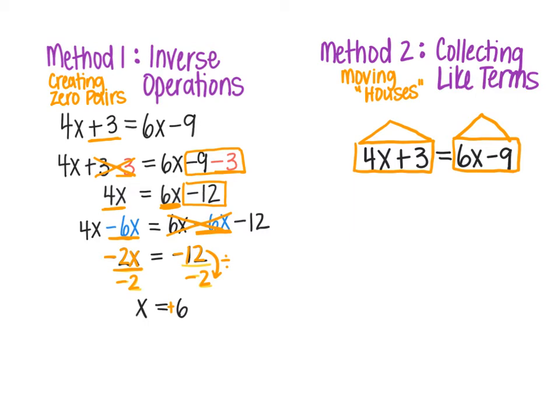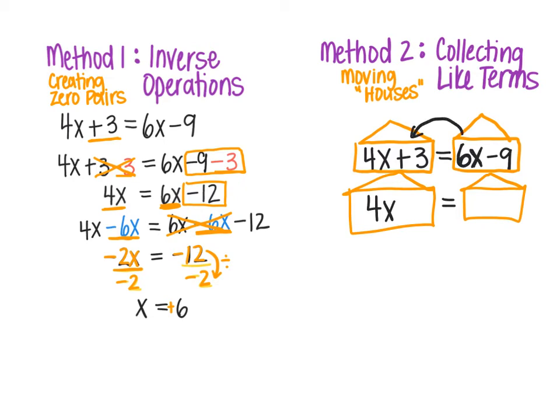So for our purposes, what I'm going to do is I'm going to keep the 4x living in the left-hand house. So here's the house, the 4x remains living in that house. Looking over at the right-hand house, I can see that there is the 6x that needs to come over and live with the 4x. It needs to move houses.